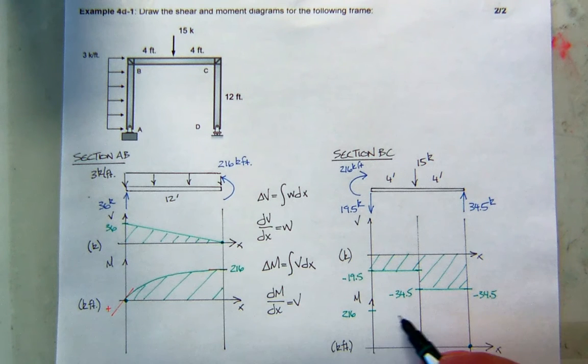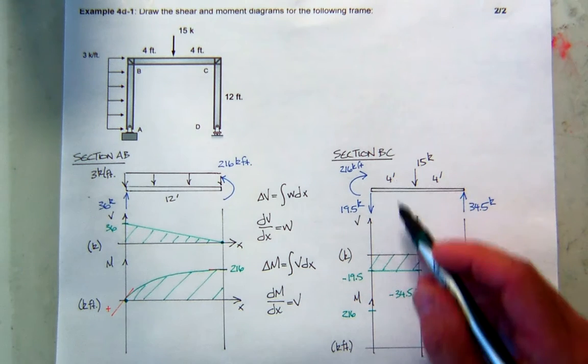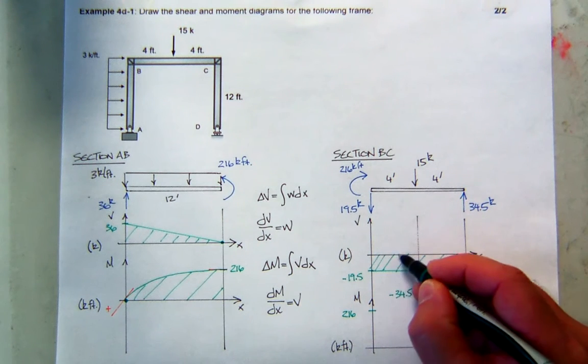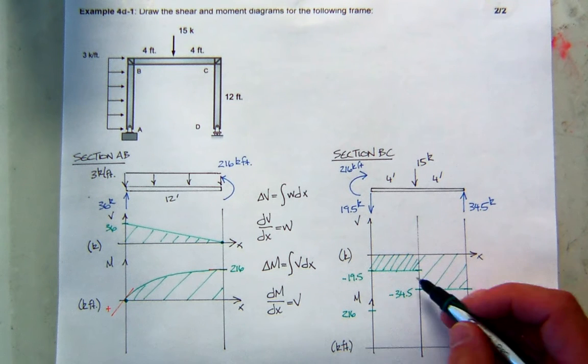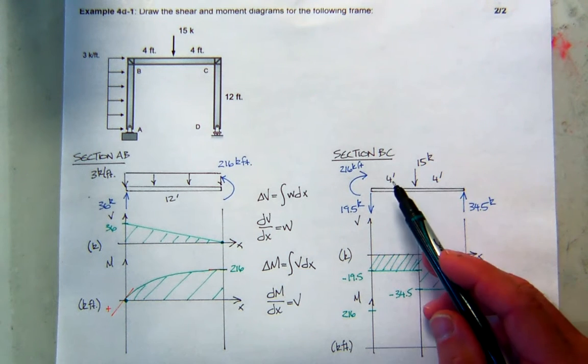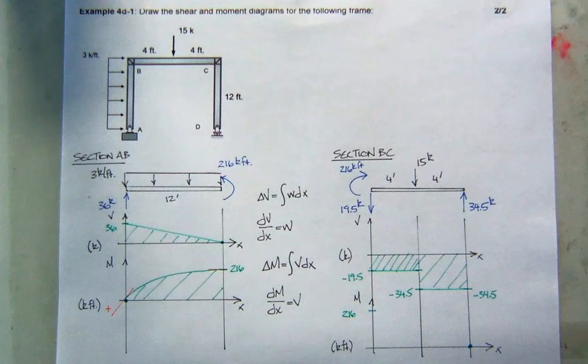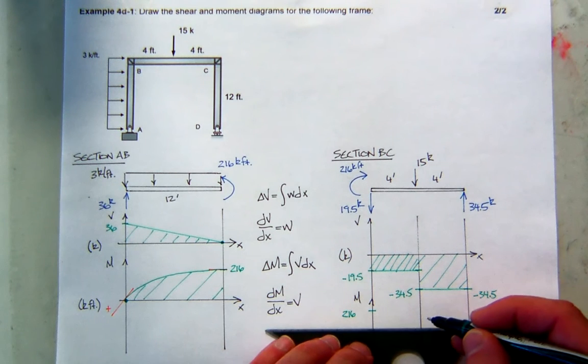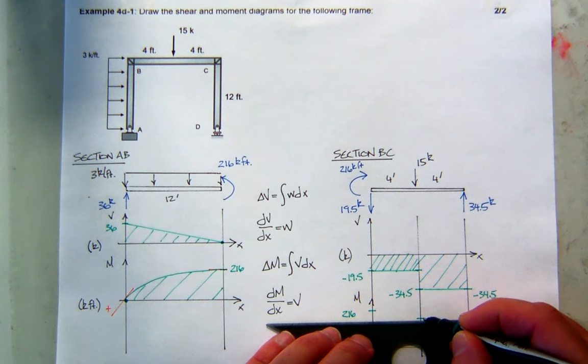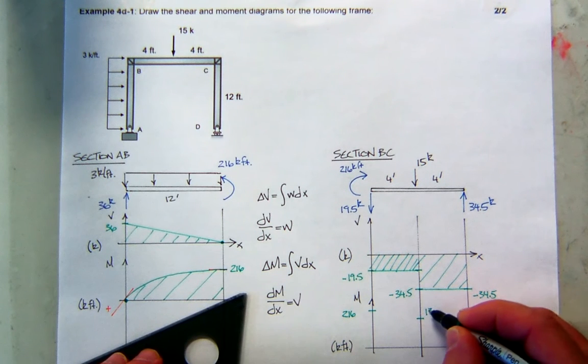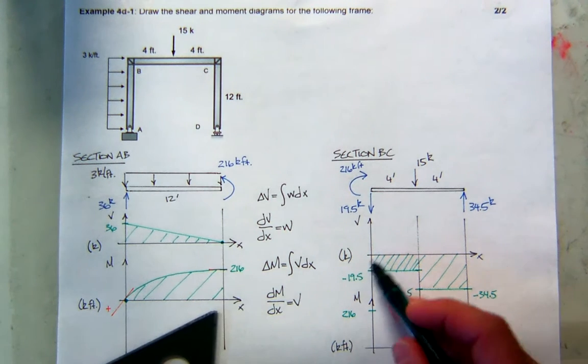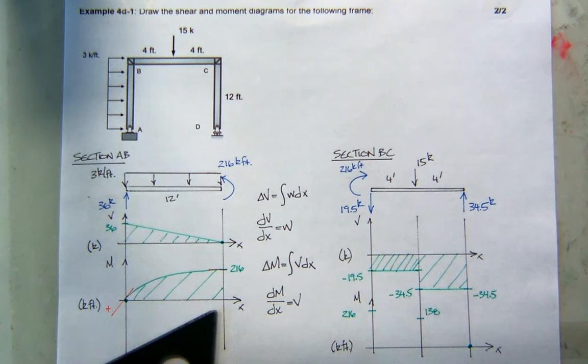So the change in moment over the first 4 feet should be this area on the shear diagram. It's a rectangle, base times height. So what's 4 times negative 19.5? 78. What's 216 minus 78? 138.